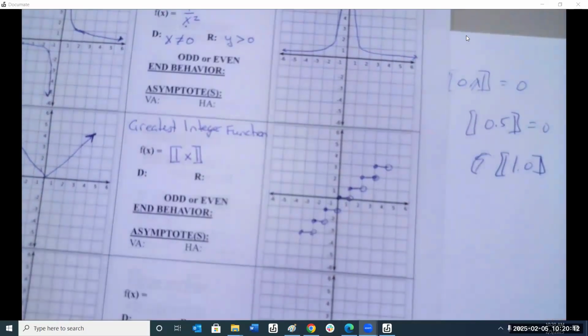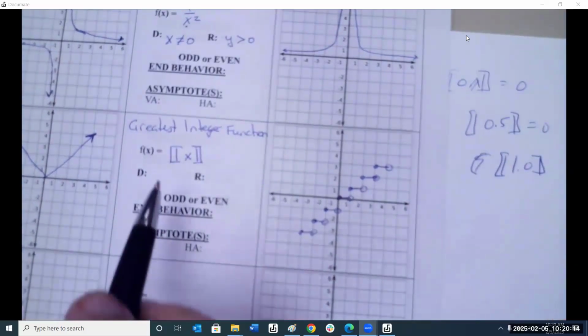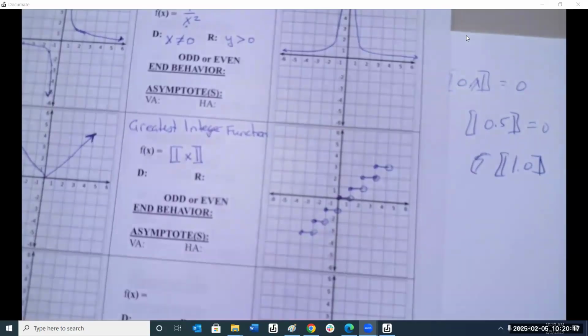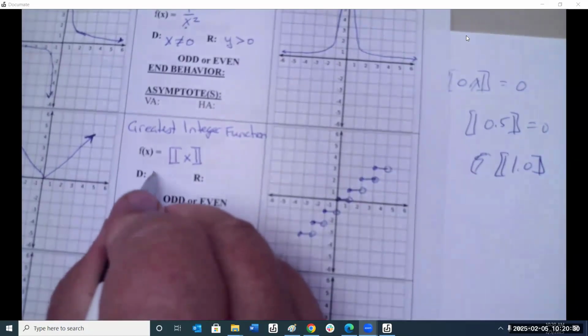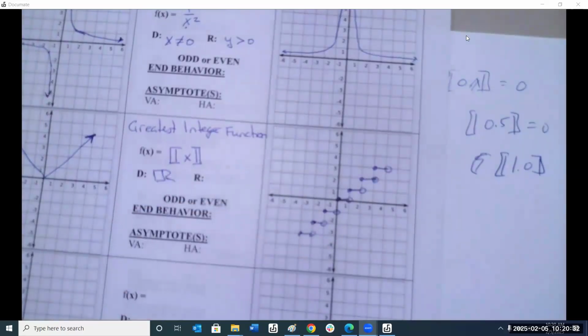And it goes on forever and ever and ever. So what's my domain? Yep. Oh, good job. All real numbers. Because my numbers could be positive, negative, and 0.